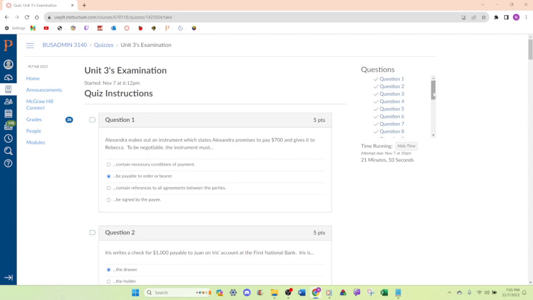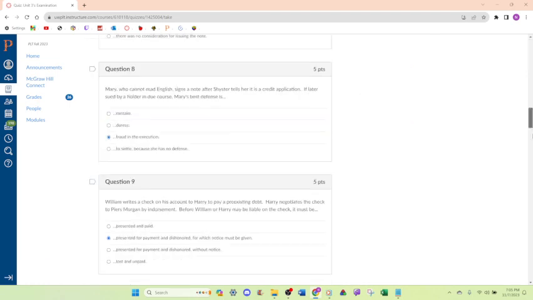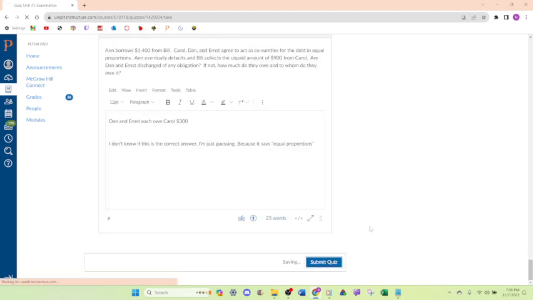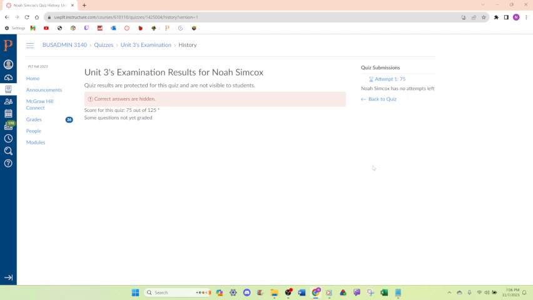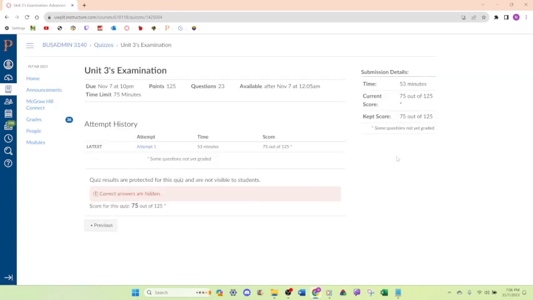This was a horrible test. How many points were the short answers? Weren't they 10 points each? That means the best you can get on this is a 105.